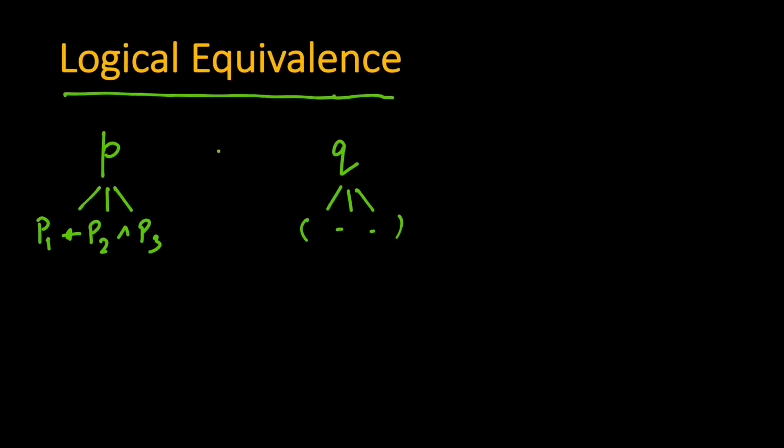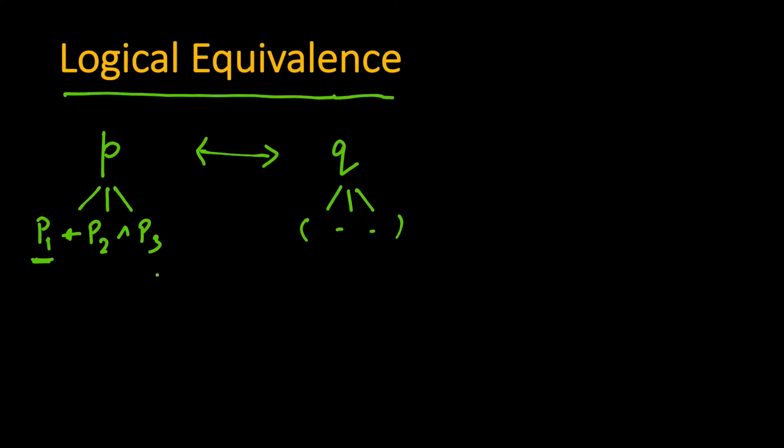By logic, they will be logically equivalent if, for all the possible conditions, every proposition can take two truth values, either true or false, and we can list down the different possibilities, which we call a truth table.